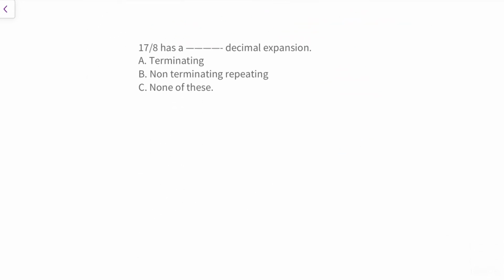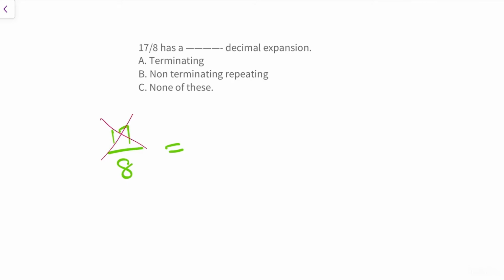Next, 17/8 has a dash decimal expansion. Again, in the next questions also maybe these kinds of questions are there, so I will explain clearly here only. Whenever the question is about whether a given number has a terminating decimal or a non-terminating decimal, the process is the same.